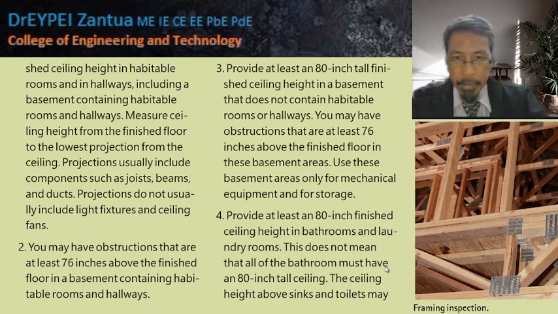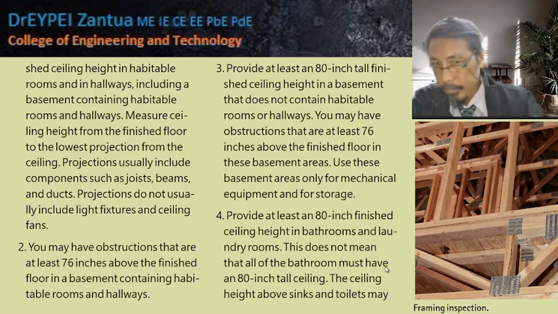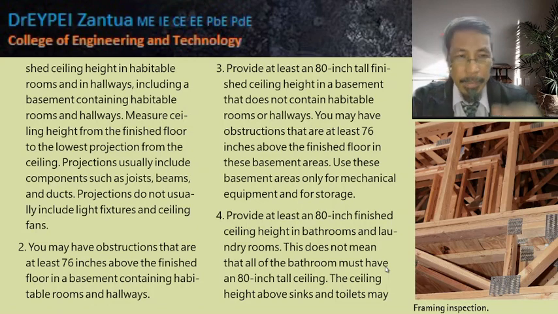Okay. So another one is provide at least 80-inch finished ceiling height in bathrooms and laundry rooms. So this is a requirement in plumbing. Our national plumbing code has this requirement. Also, the sanitary plumbing code has a requirement like this.